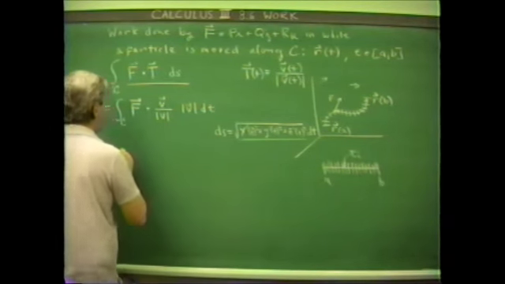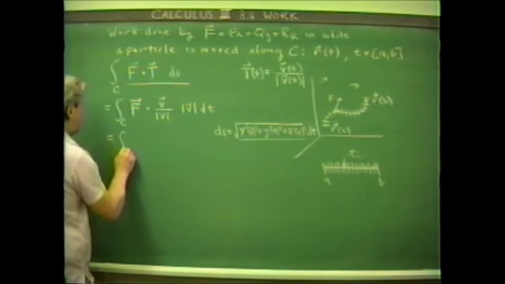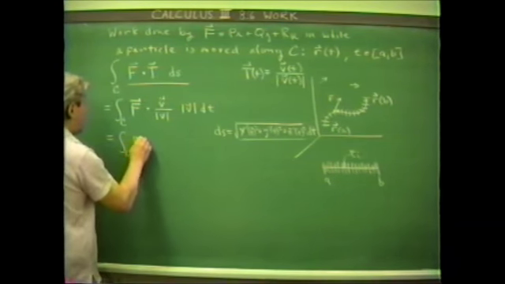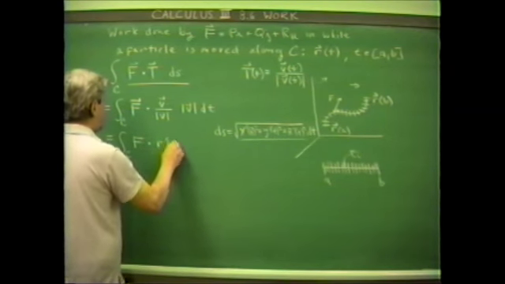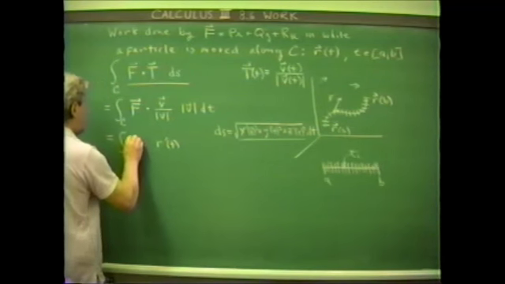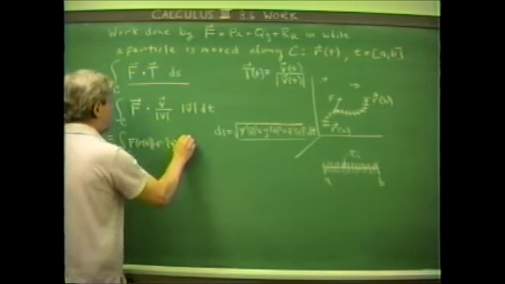So these magnitudes of v cancel here. And so what we get is that this is equal to the integral over C of F of r of t dotted with r prime of t dt.